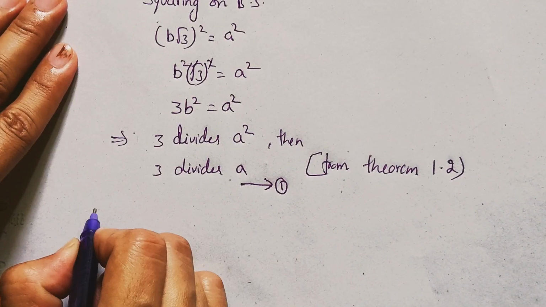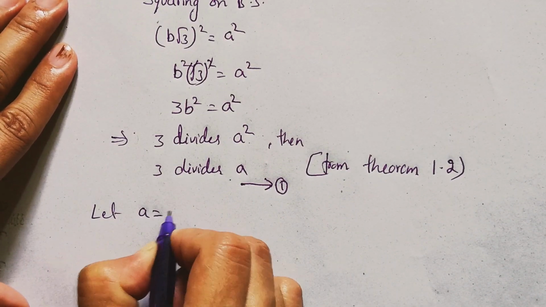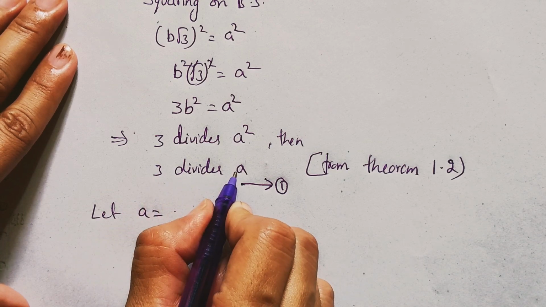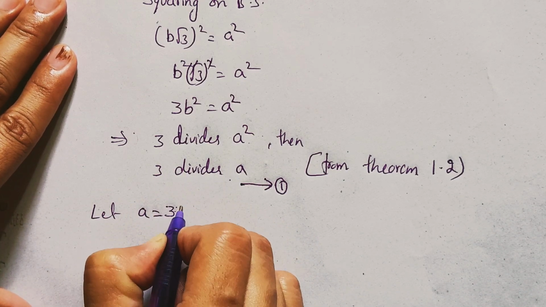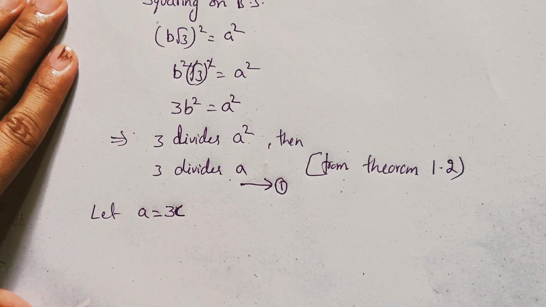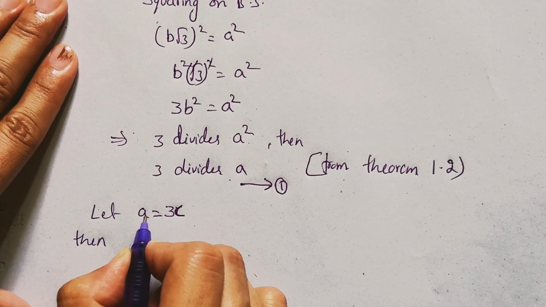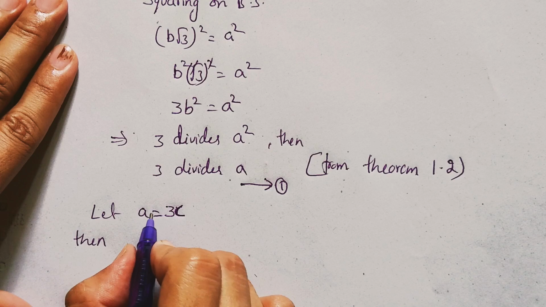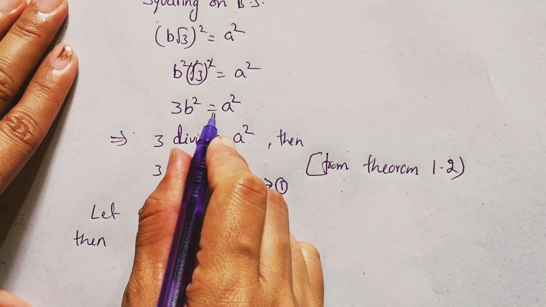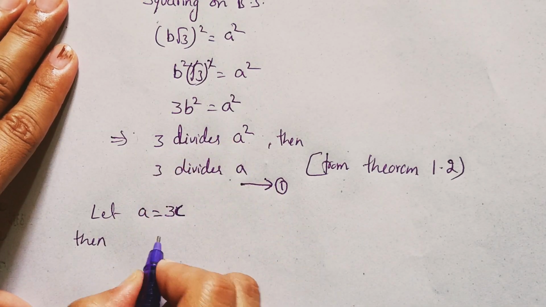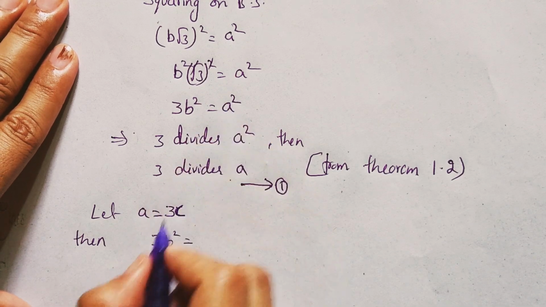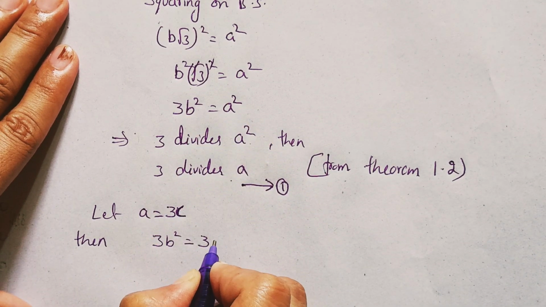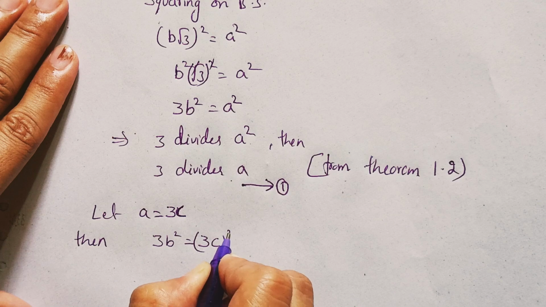Now, if 3 divides A, then A is equal to 3C. Now I am substituting this A value in 3B square equals A square. Then 3B square equals, in place of A square, 3C whole square.